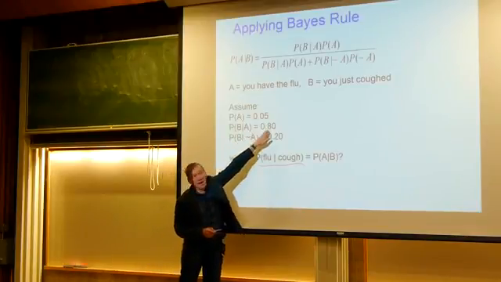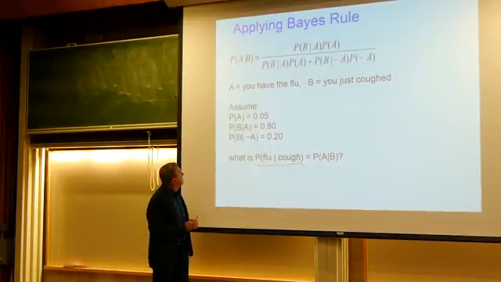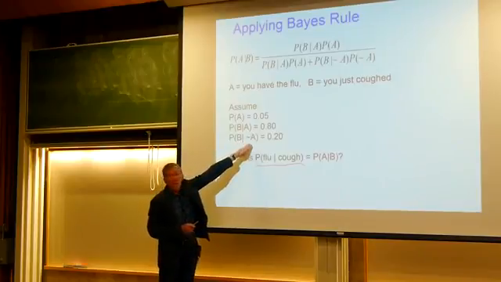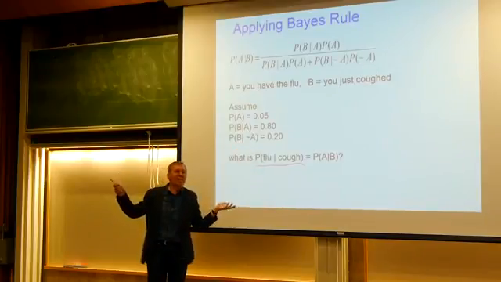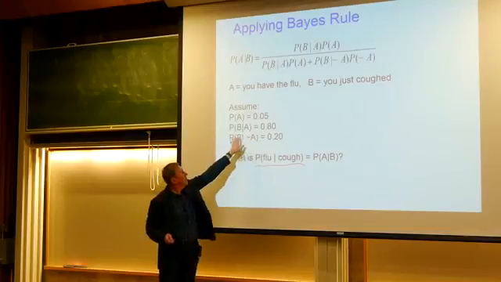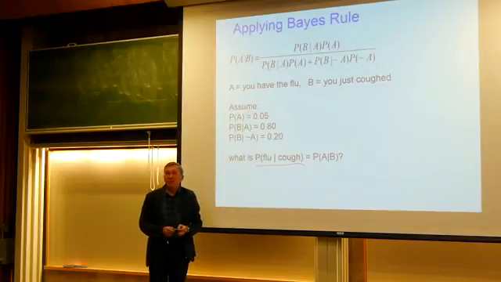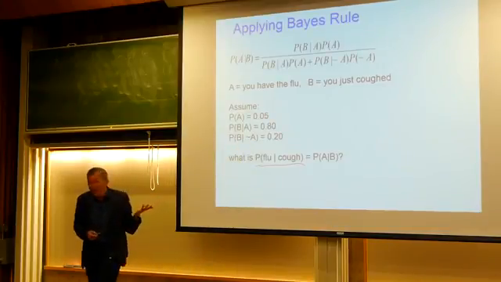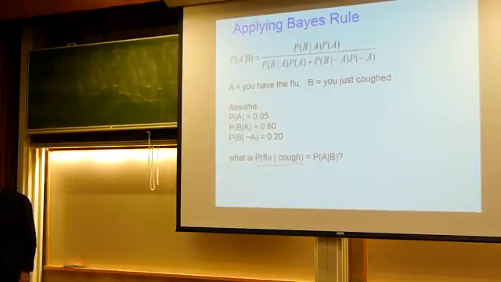Well, just about everybody coughs if they have the flu. What's the probability that you cough if you don't have the flu? Well, many people cough who don't have the flu. Maybe the probability is 0.2. Okay, so I can use this simple version of Bayes' rule to answer the question.